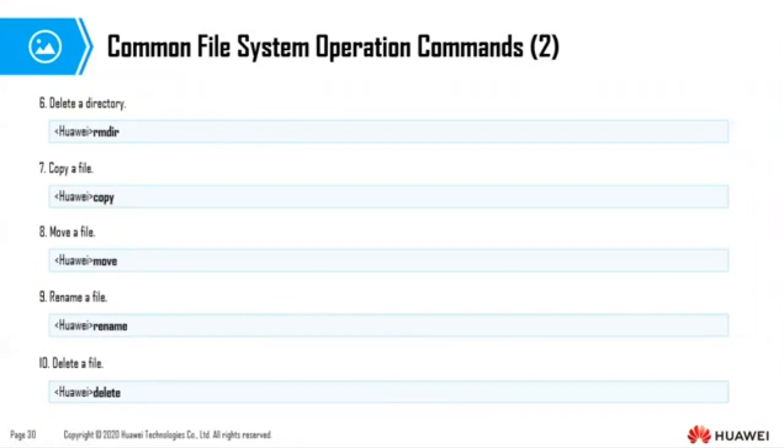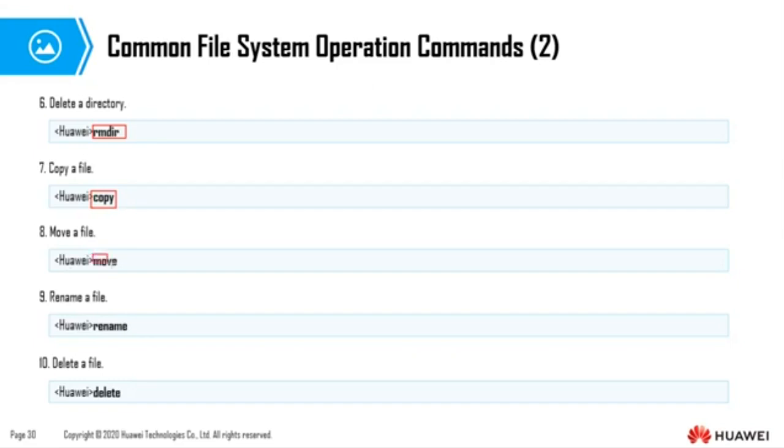RMDIR is used to delete a directory, remove directory in full. RMDIR, then the name of the directory. So for example, RMDIR backup, it's going to delete the one that we just created. Copy is used to copy a file.